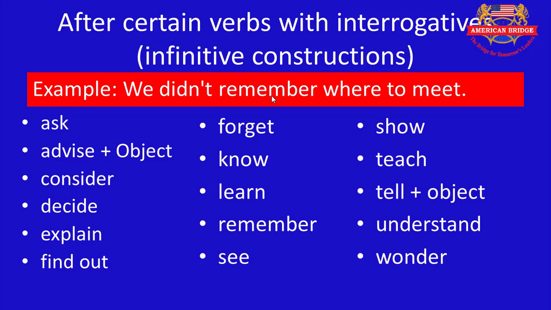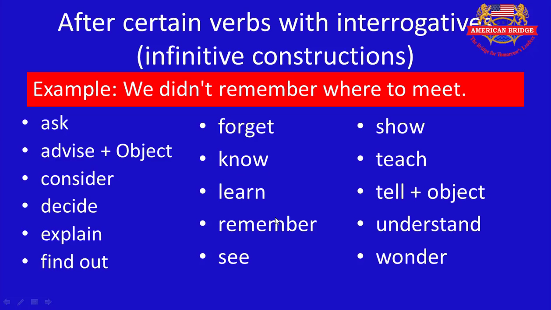So the advice should be applied with the object. Consider, decide, find out, forget, know, learn. If you just say, for example, "I don't know how to solve this math exam."